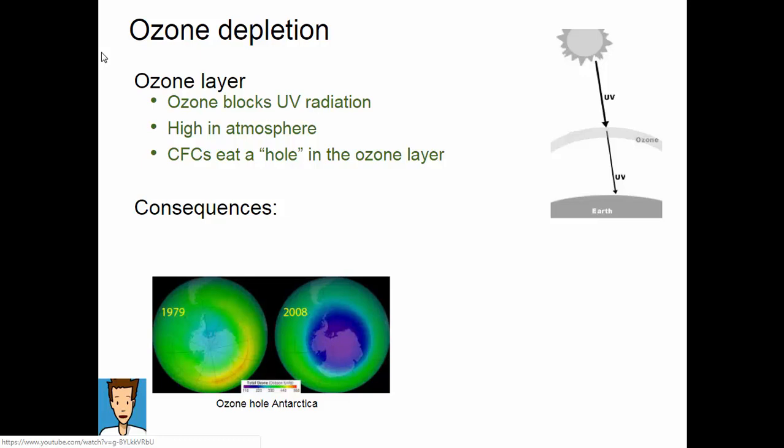That propellant used to be made of CFCs. So when you were spraying your hair, the CFCs drifted up into the upper atmosphere, and they started eating away at the ozone layer. And they caused it to become thinner, and they caused a hole to form around Antarctica.